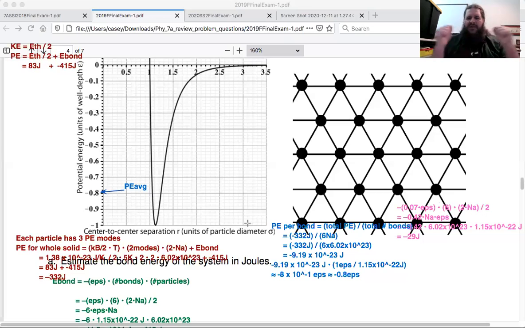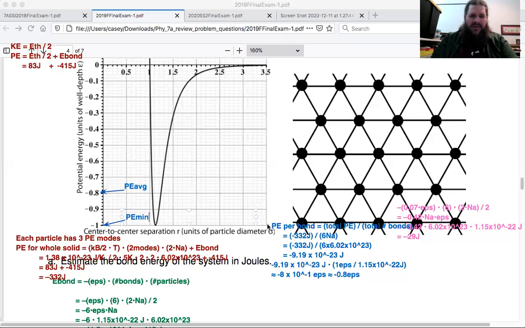If these particles are oscillating, what's the lowest potential energy they could possibly have? Negative epsilon. Yeah, negative 1 epsilon is the lowest value on this graph. So there's our minimum potential energy.